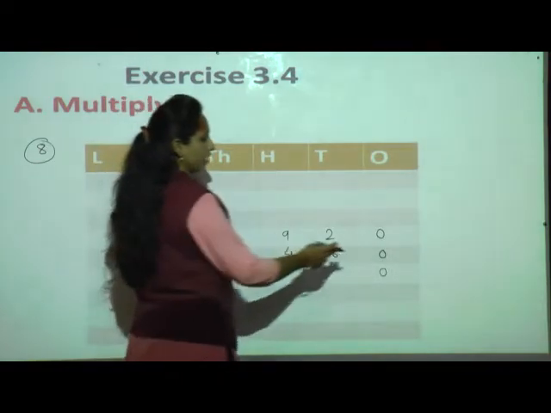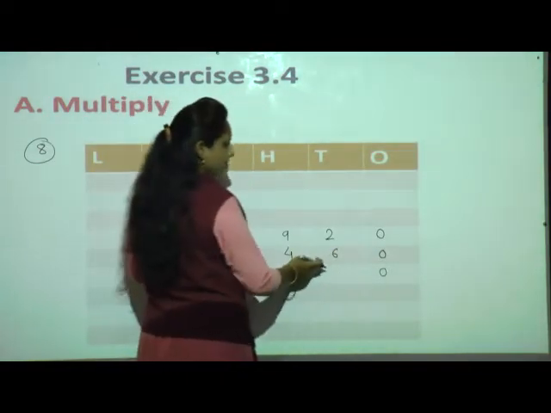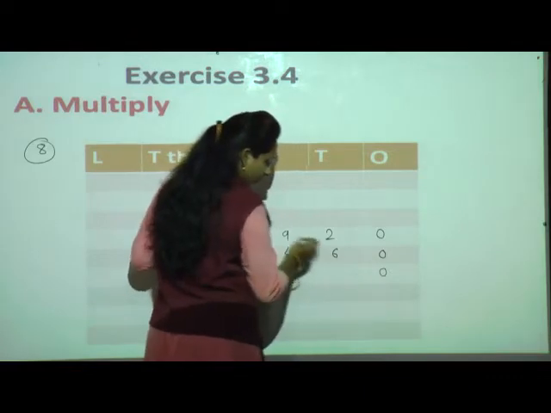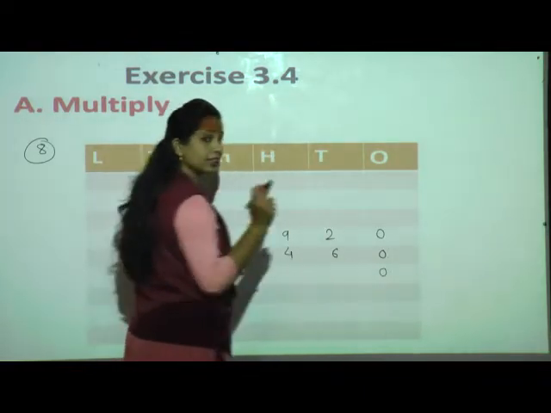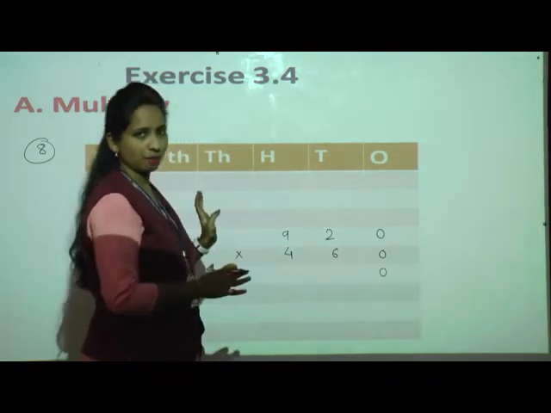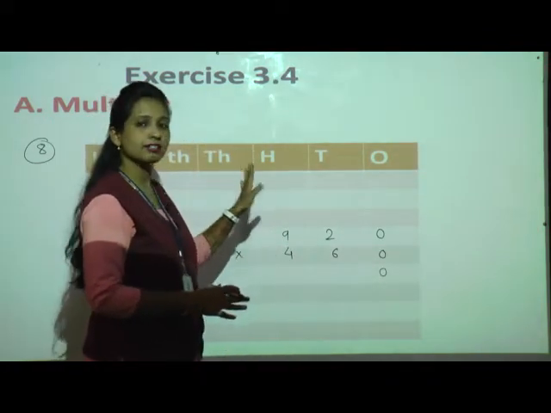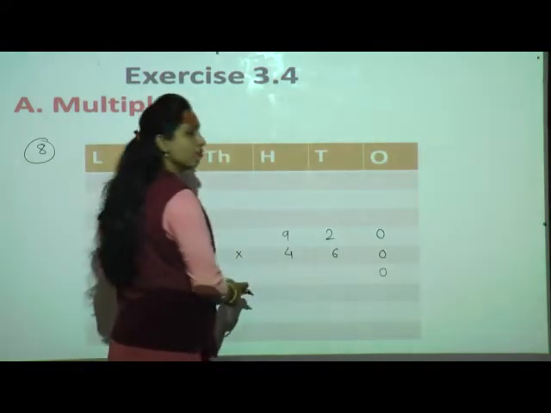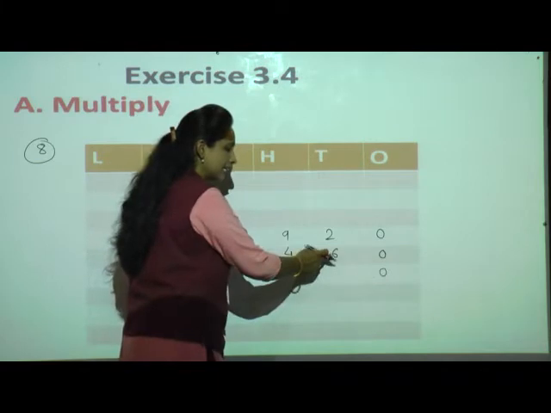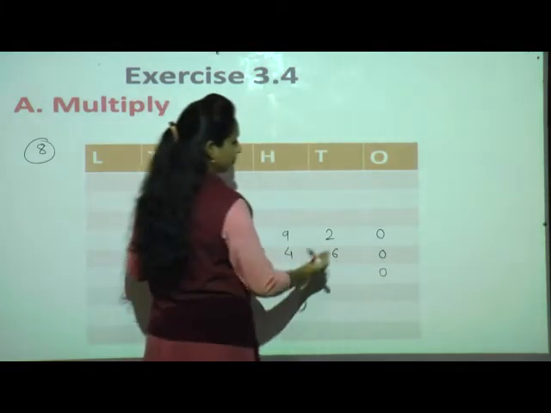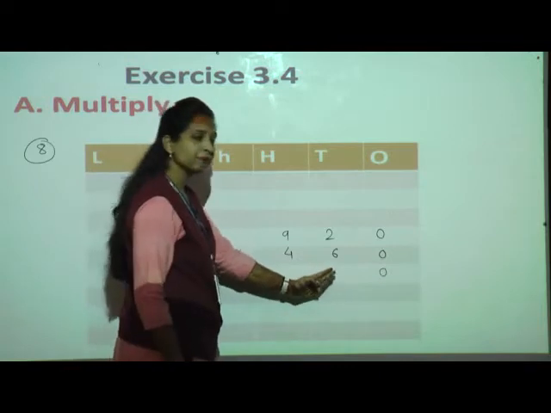So keep in your mind, whenever you are skipping, you should leave that many spaces, like ones place, tens place, without forgetting. Now here we have not done any step of the ones place, but now we are doing the tens place. Okay, so we will give a 0 at the ones place and we will start writing from the tens place.